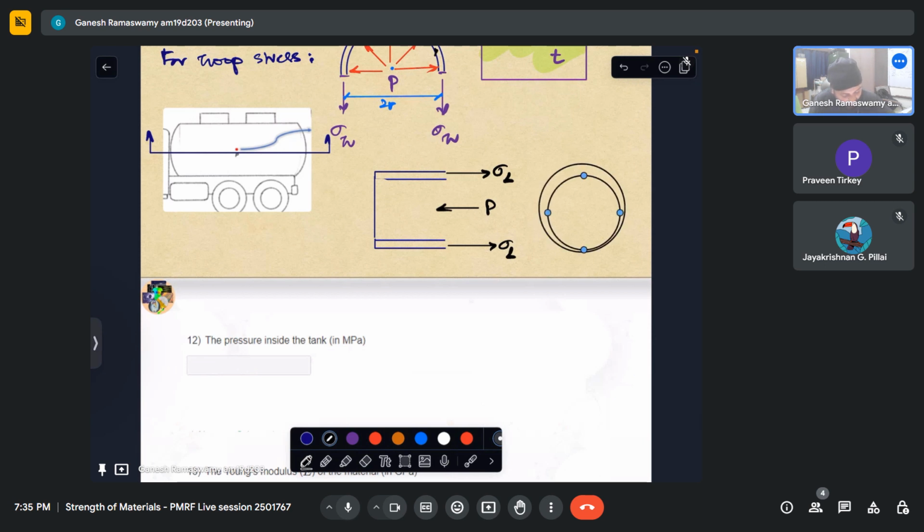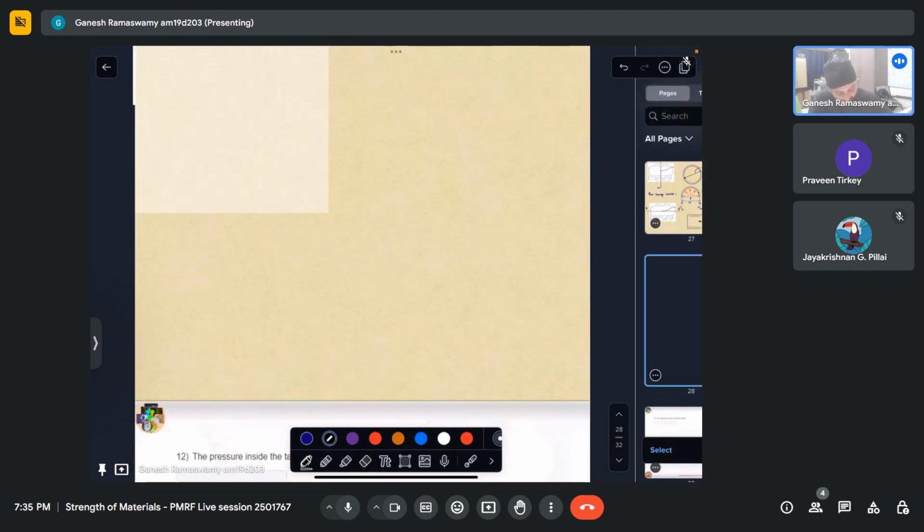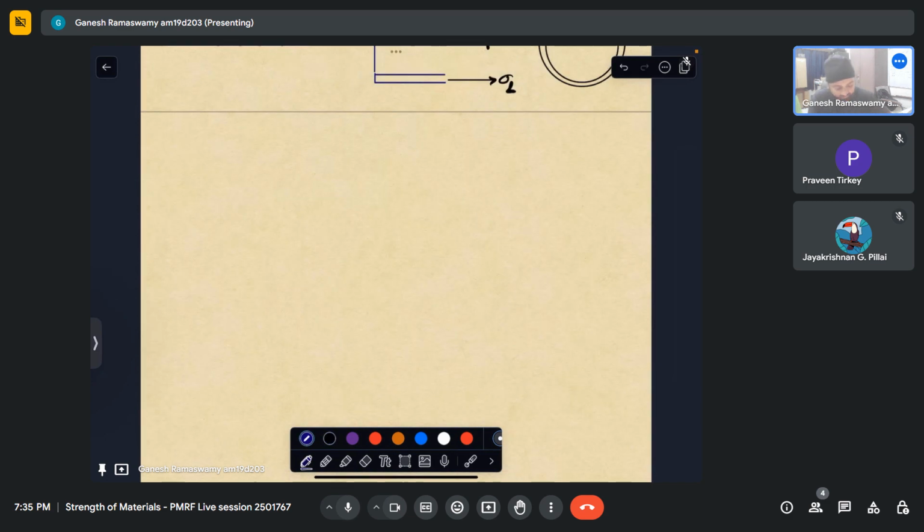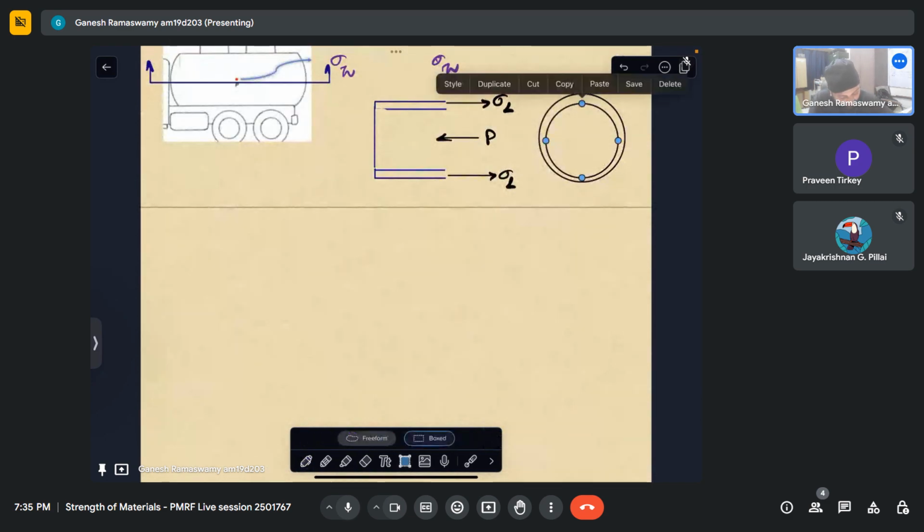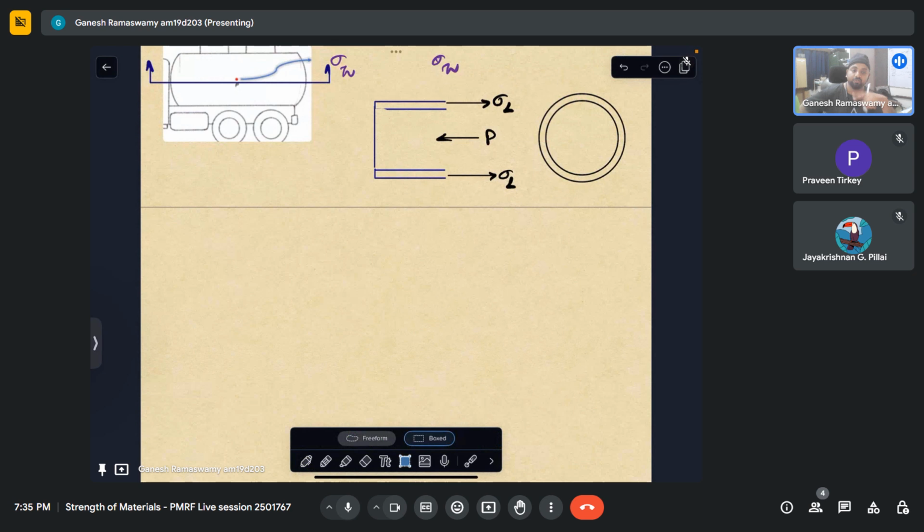So here from the balance of forces, the longitudinal stress is applied throughout the periphery of the thin cylinder.